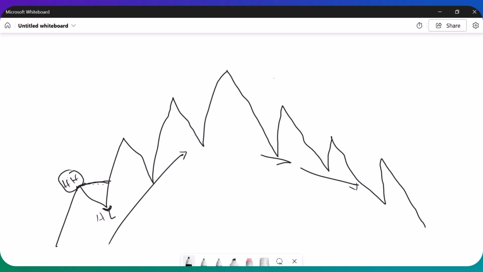Once price breaks this higher high with a body, note, with a body, not a wick, this higher low and this higher high are valid. So now we are officially in a bullish market structure, in a bullish trend.